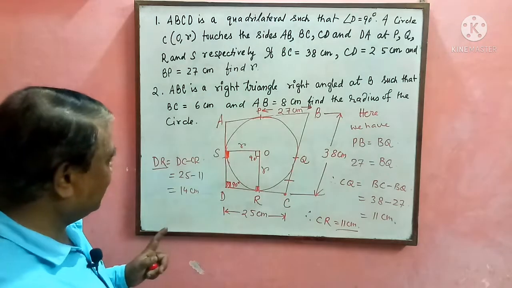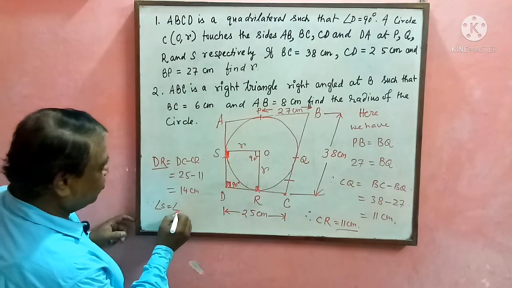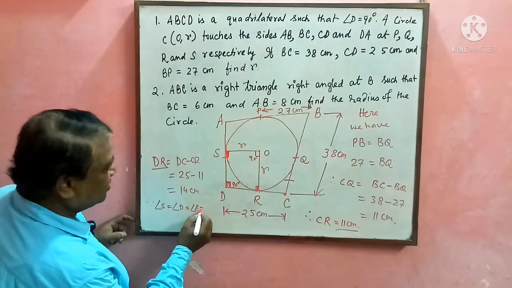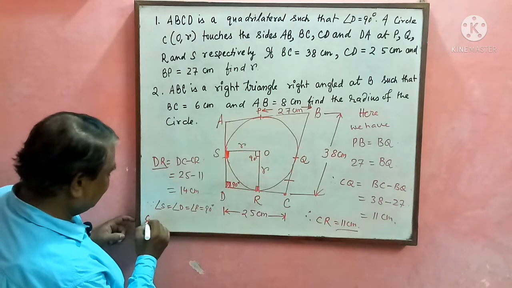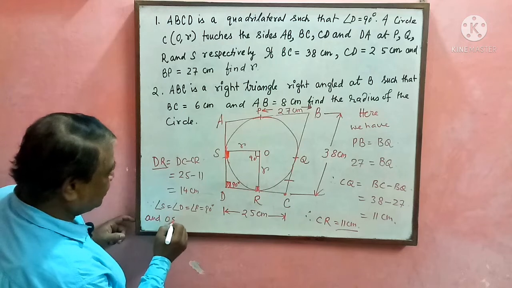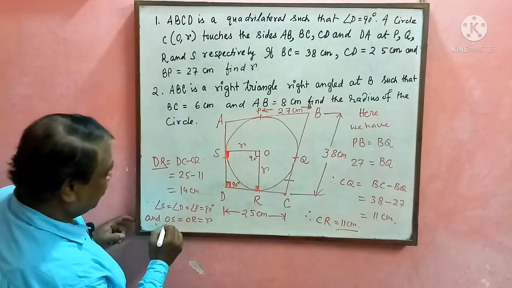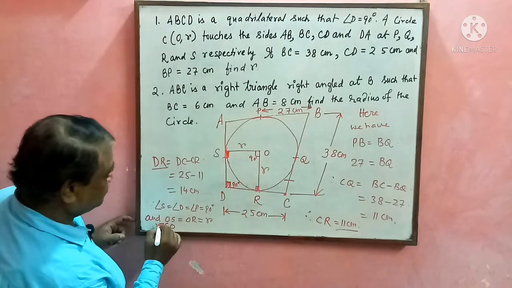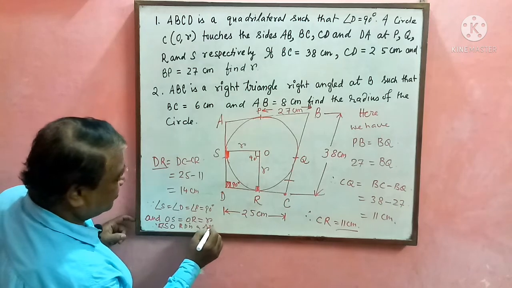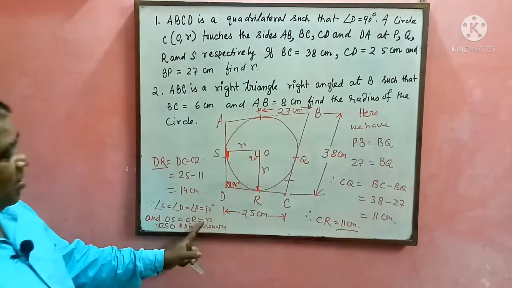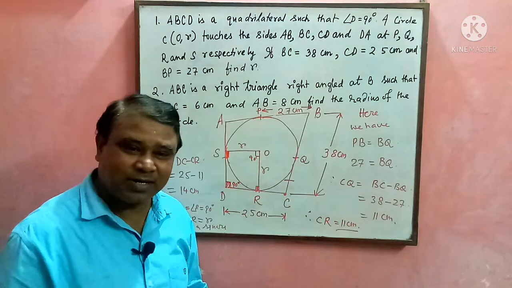You have to say, since S is equal to D is equal to R is equal to 90, and OS is equal to OR is equal to r, therefore SORD is a square, right? Therefore DR is r, so r is 14 centimeter.